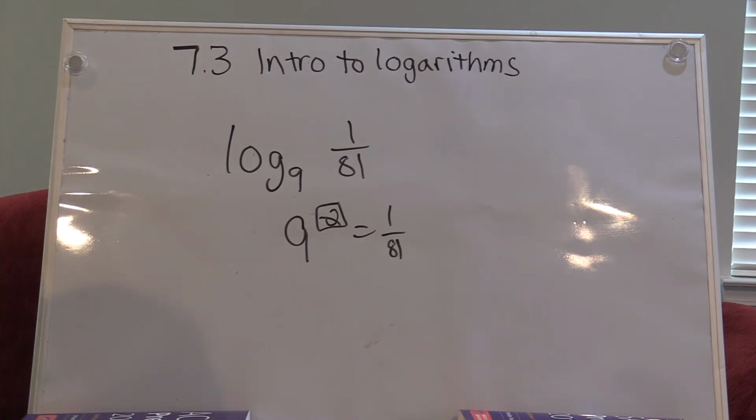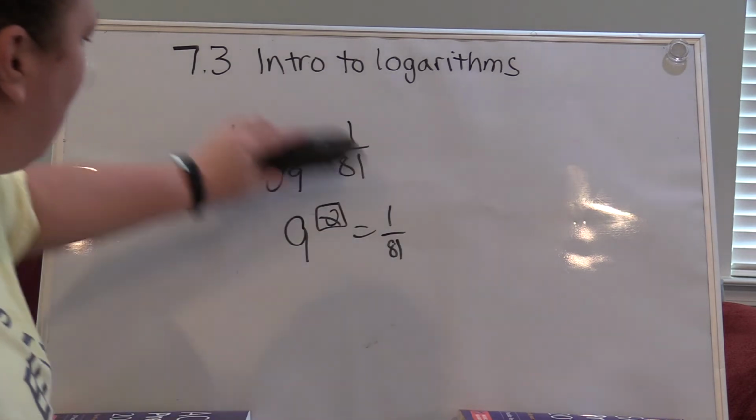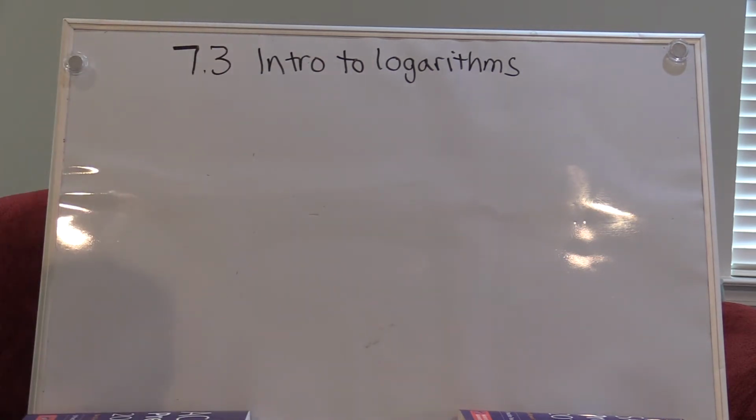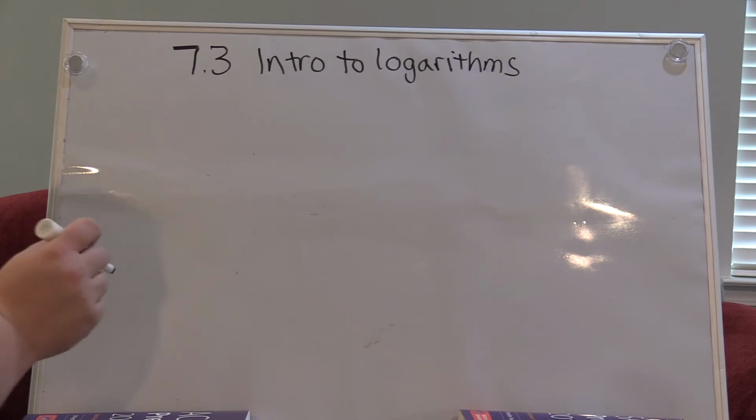Sometimes things don't work out exactly as we want them to, and it's not all integer answers. So sometimes we need to use what we call a change of base formula to let us use a calculator to evaluate those.